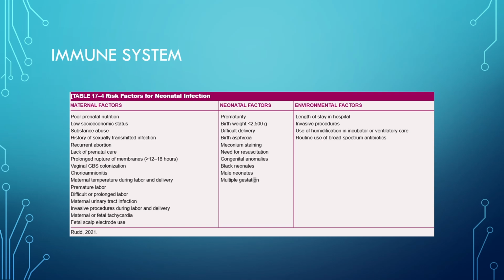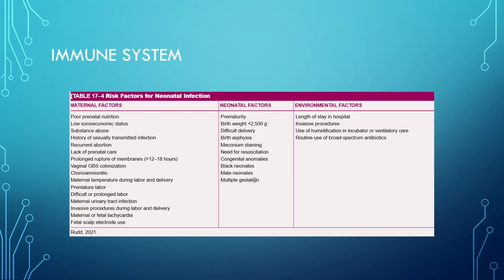Maybe the mom developed chorioamnionitis during labor. There was a maternal temperature during labor and delivery. Preterm labor, a difficult or prolonged labor, a UTI, invasive procedures during labor and delivery like a scalp electrode. Maybe we used a fetal scalp electrode or an intrauterine pressure catheter. Also, if there was maternal tachycardia during labor. So those are all the maternal things.